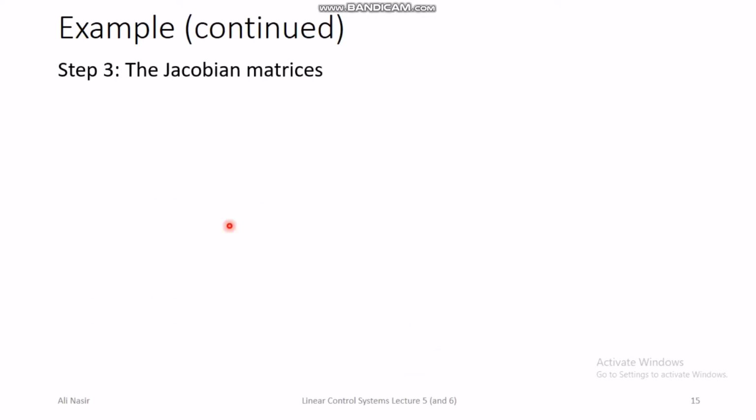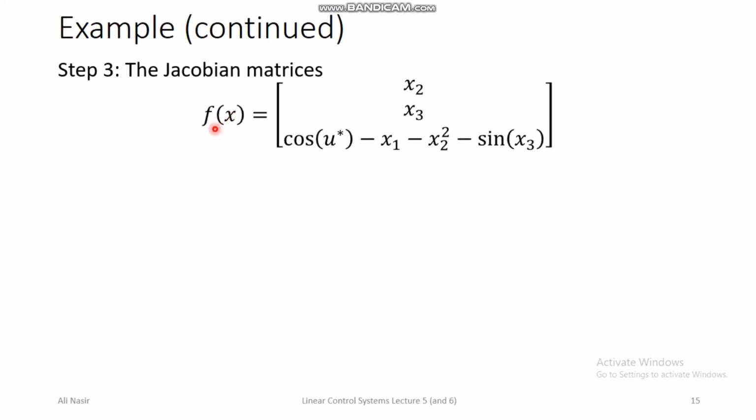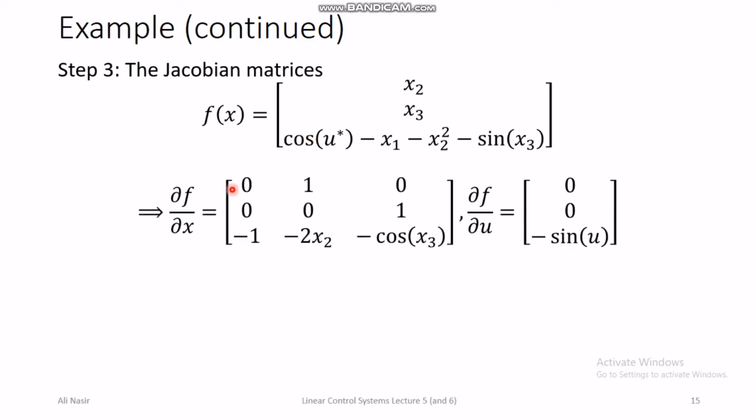So step 3 of linear approximation is to calculate the Jacobian matrices. The first Jacobian matrix will be the derivative of f of x with respect to x. So partial f1 with respect to x1 will be 0, partial f1 with respect to x2 will be 1 because f1 is x2, and partial f1 with respect to x3 will be 0.